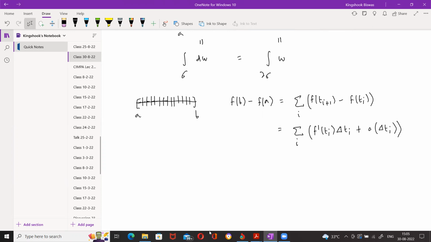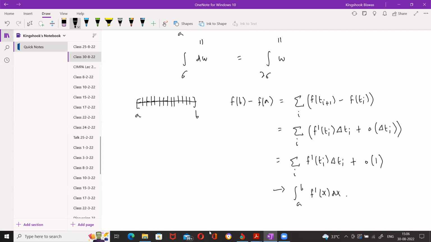When I add these up, this becomes a Riemann sum for the integral of f prime, the sum of f prime t_i delta t_i plus a little o of 1. This converges to the integral from A to B of f prime x dx, and the little o of 1 term goes to 0. So that's how you prove the fundamental theorem of calculus.